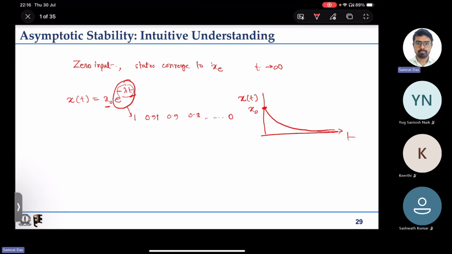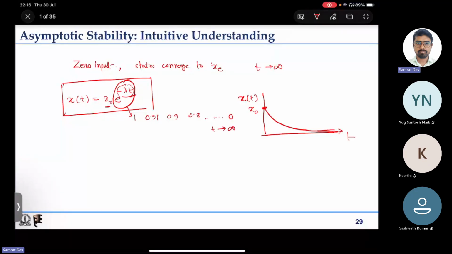It eventually goes to 0 as time tends to infinity, right? So this is asymptotic stability, and we understand that if the state variable is written in the form x(t) equal to initial condition into some factor, then the value of the factor should go to 0 or very close to 0 as time increases to infinity.